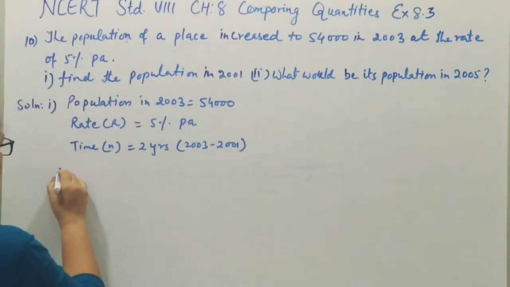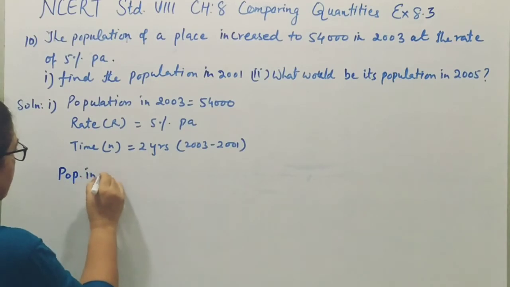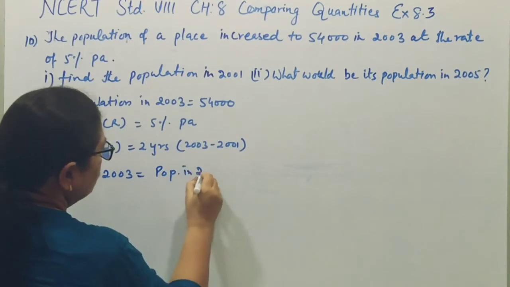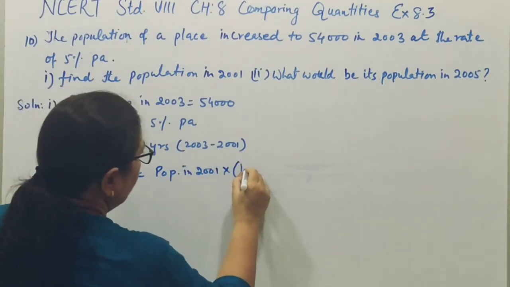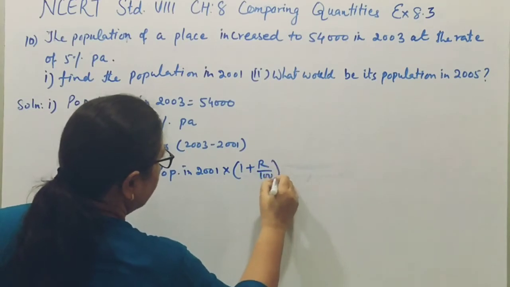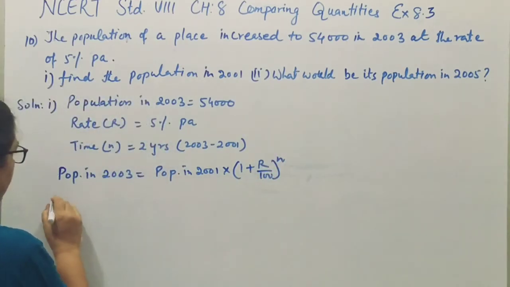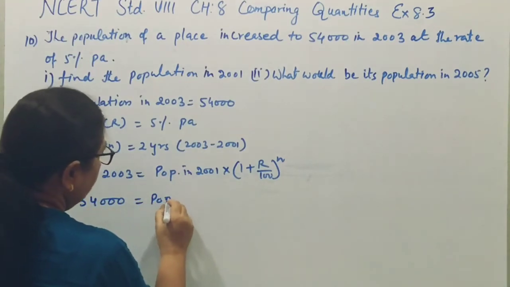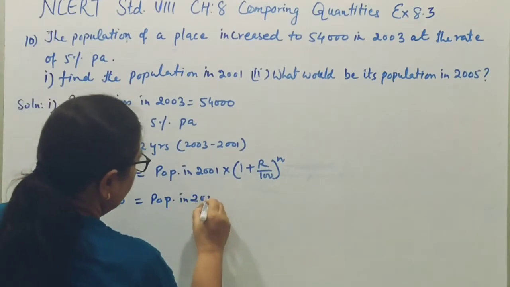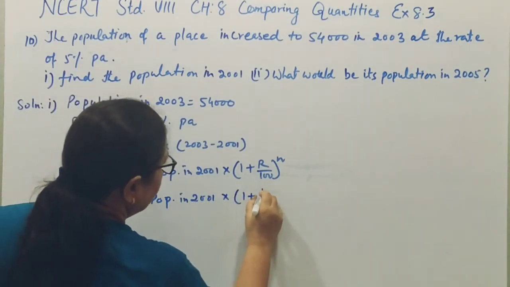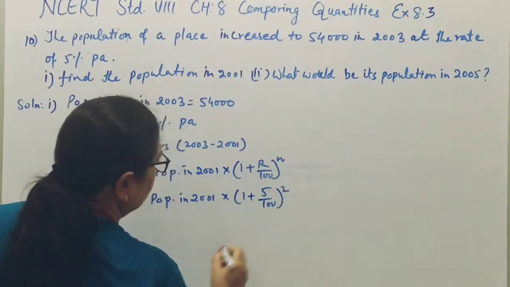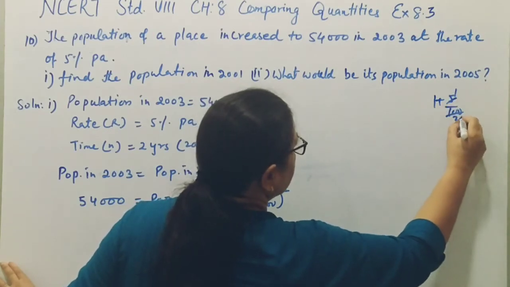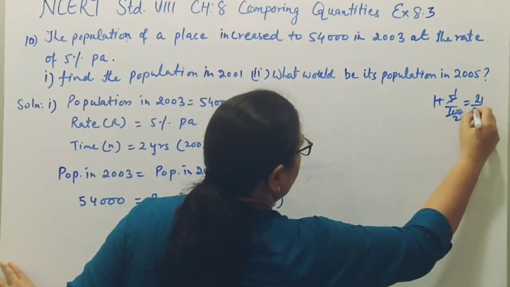So the formula will become population in 2003 is equal to population in 2001 into 1 plus R upon 100 raised to power n. Therefore, 54,000 is equal to population in 2001 into 1 plus 5 upon 100 raised to power 2. 1 plus 5 upon 100 after cancellation will become 21 upon 20.